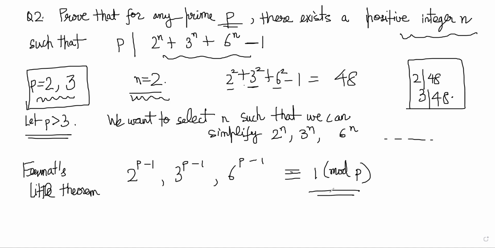So Fermat's theorem says a power p minus 1 is congruent to 1 mod p as long as a and p are coprime, right? If I remember correctly.